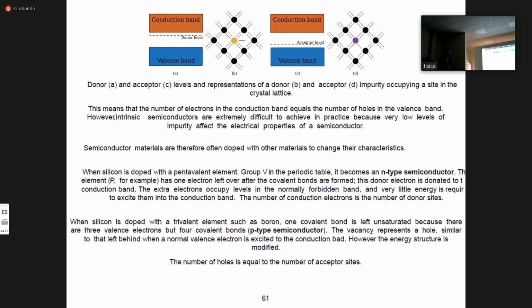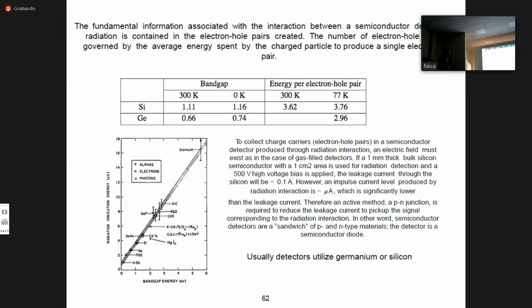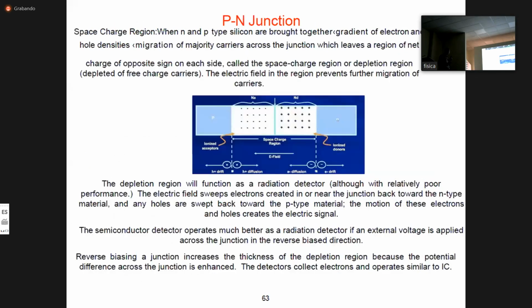If you bring them together, connect them, of course, not just physically, but using specific techniques to increase the temperature, you create this PN junction.